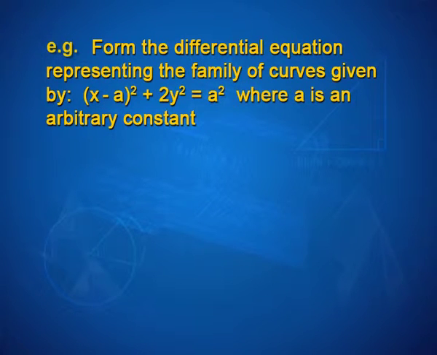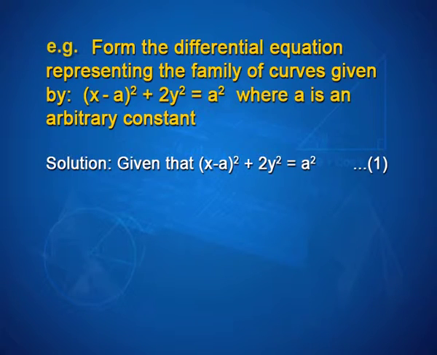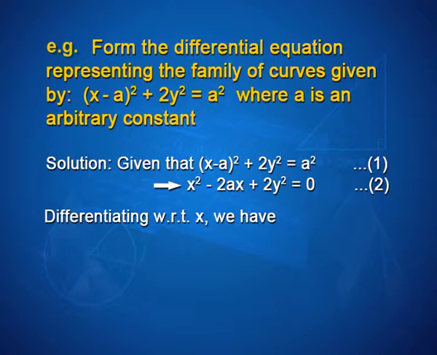Another example here. Form the differential equation representing the family of curves given by (x - a)² + 2y² = a², where a is an arbitrary constant. For the solution, given that (x - a)² + 2y² = a², take this as equation 1. This implies x² - 2ax + 2y² = 0. This is equation number 2. Differentiating with respect to x, we have 2x - 2a + 4y dy/dx = 0.